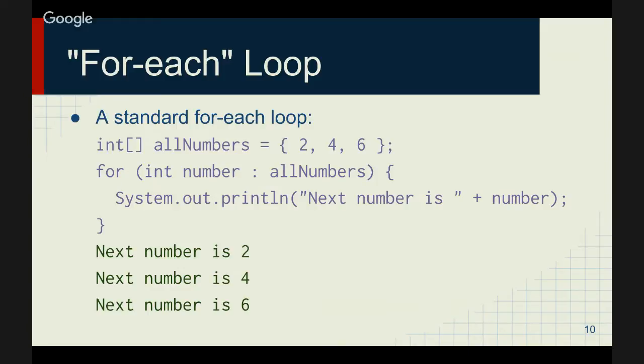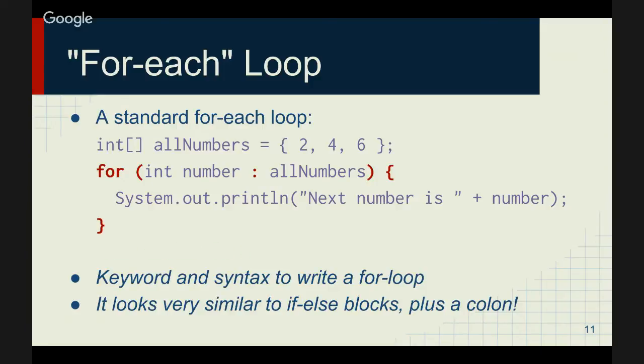Okay, so now the breakdown of what each thing means. So these are the Java key symbols that you need in order to create the for each loop. So there's the keyword for that I was talking about. There's the parentheses, just like a function or an if statement has parentheses.